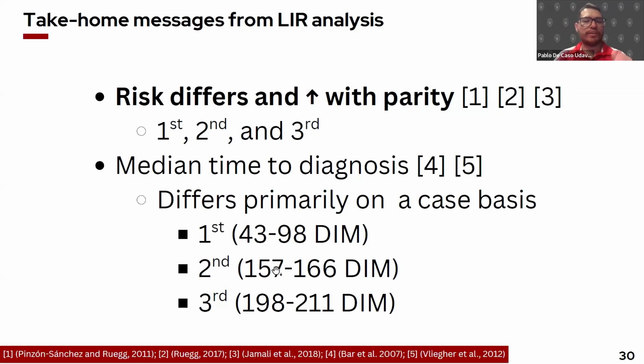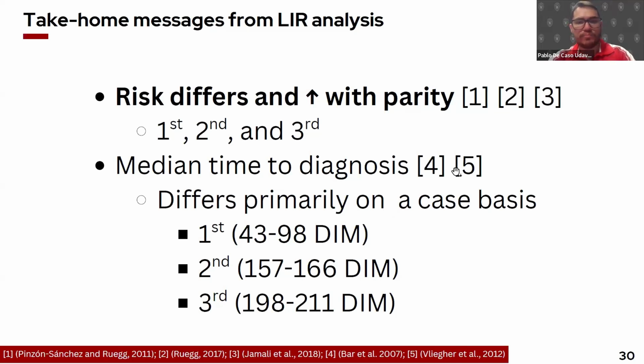So we're talking about 150, 166 days, the median time to diagnosis, which is when we would be expecting those second cases to occur for a cow. And then for the third case of mastitis, it actually occurs even later, moving not only to the late lactation, but also a little bit for the later side of the mid lactation.